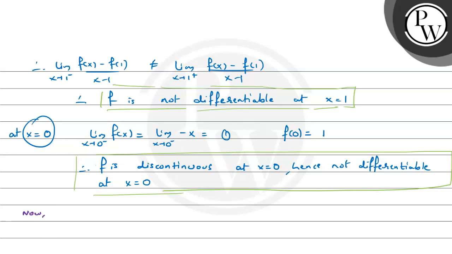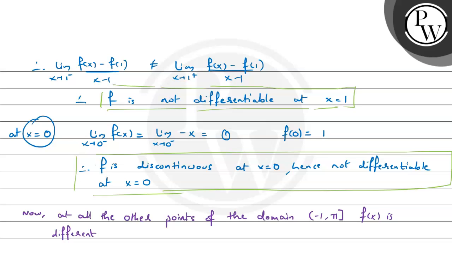Now at all the other points of the domain, that is minus 1 to pi, f(x) is differentiable and continuous.